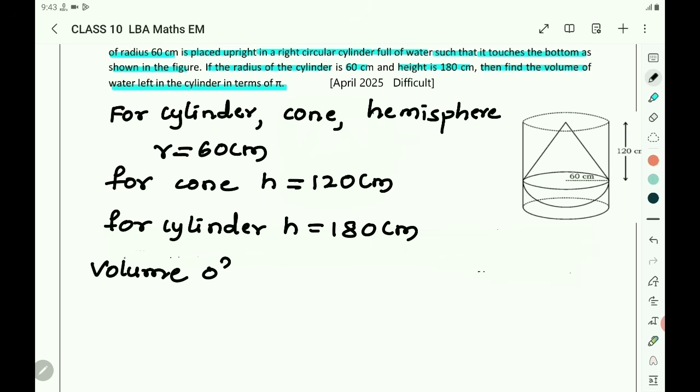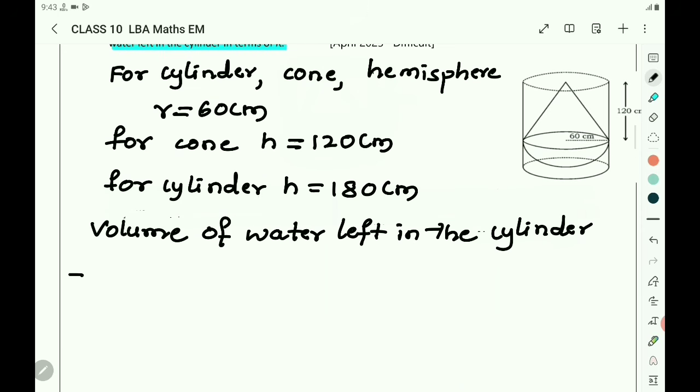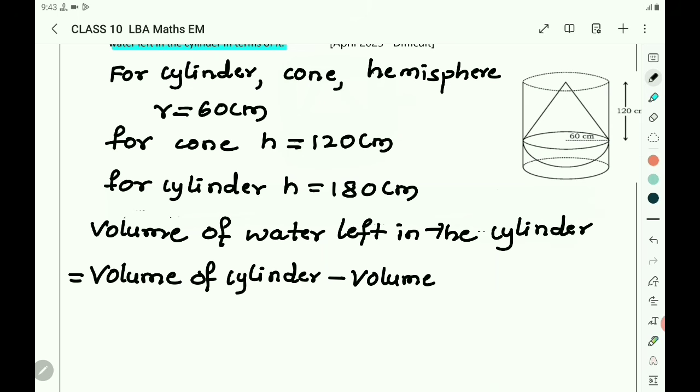Volume of water left in the cylinder equals volume of cylinder minus volume of cone minus volume of hemisphere.